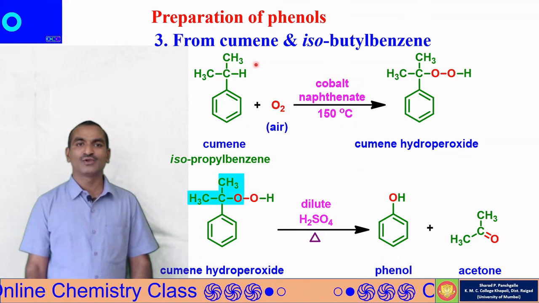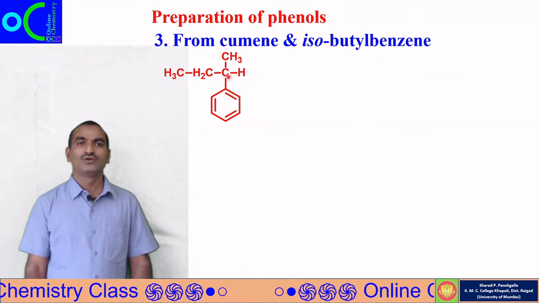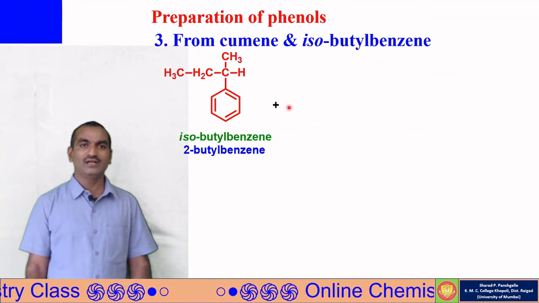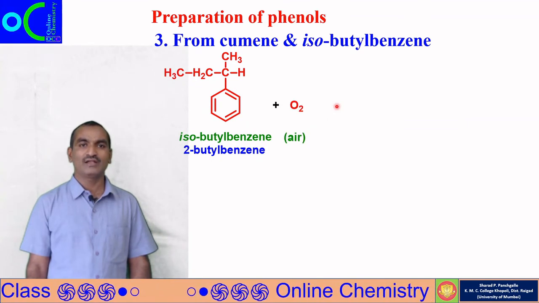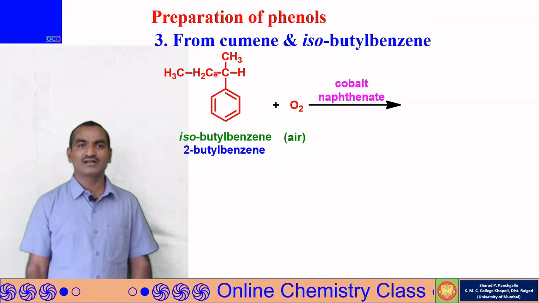Similarly, instead of cumene, if we use isobutyl benzene. So isobutyl benzene, when heated with air in the presence of cobalt naphthenate as the catalyst at 150 degrees Celsius, undergoes oxidation.